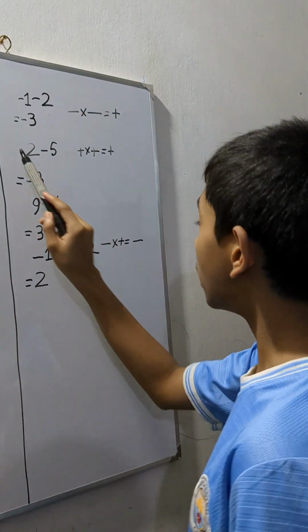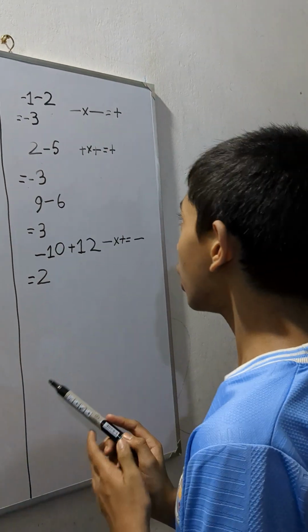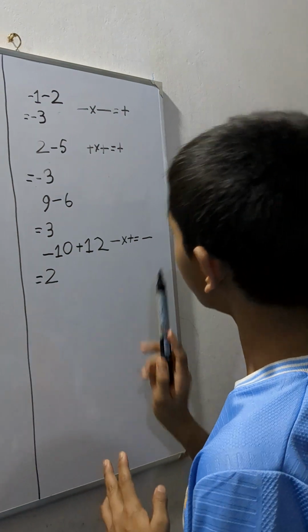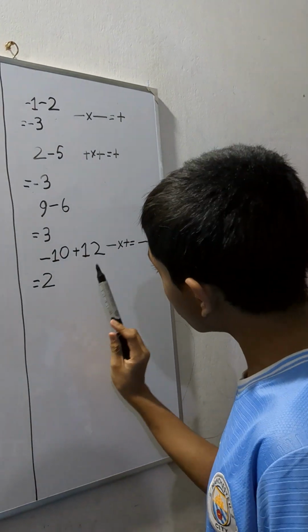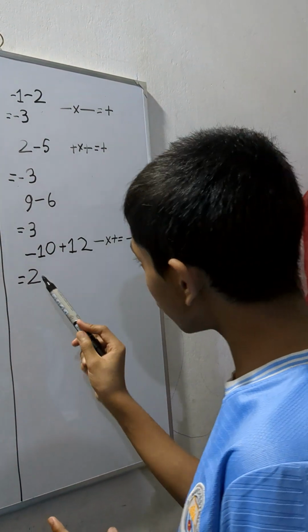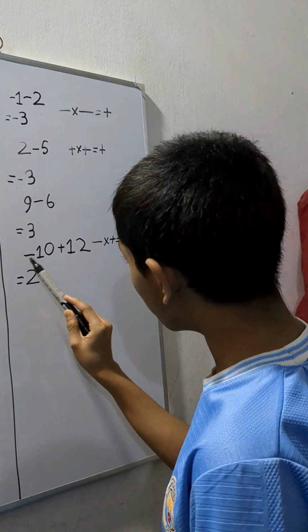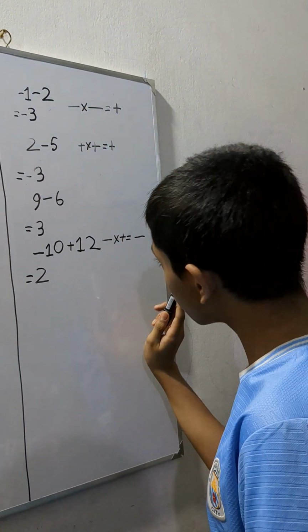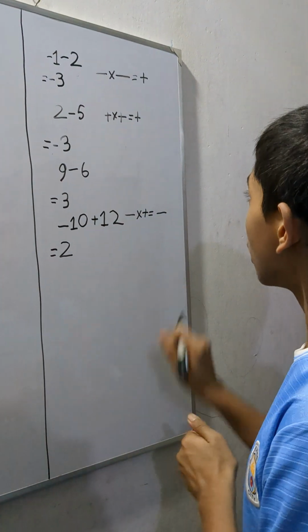And if we multiply plus with minus, then the result will be minus. So we will subtract this math. And here 12 is bigger than 10 and 12 consists of a plus sign, so our answer will be in plus, and we know if we multiply minus with plus, the result will be minus. So we will subtract this math.